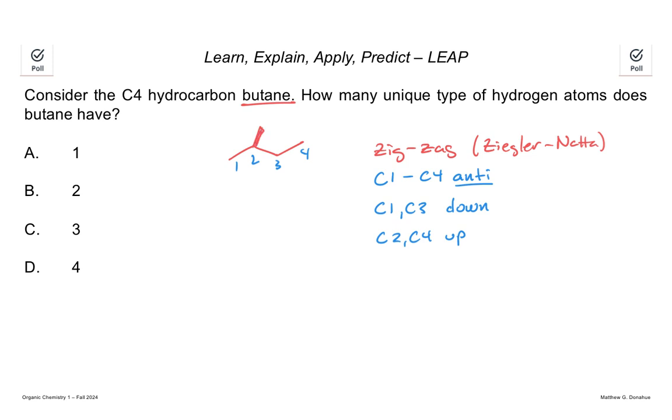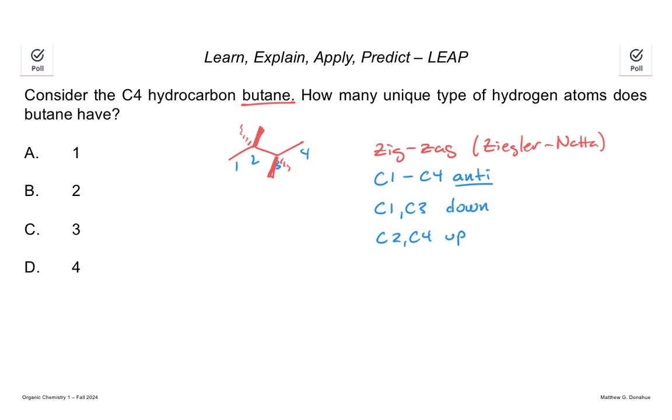So we would draw a wedge like that, and then a dash like that. At C3, since that carbon is down, those bonds have to be pointed down. So that would be a good representation. Picasso would be happy with that.